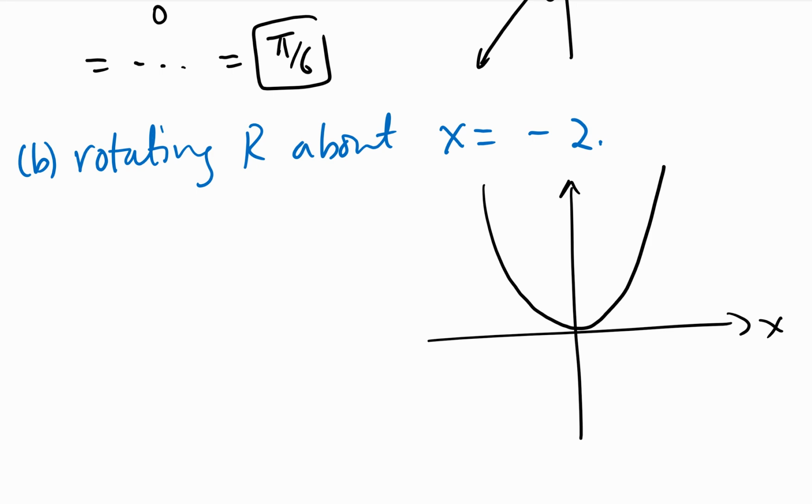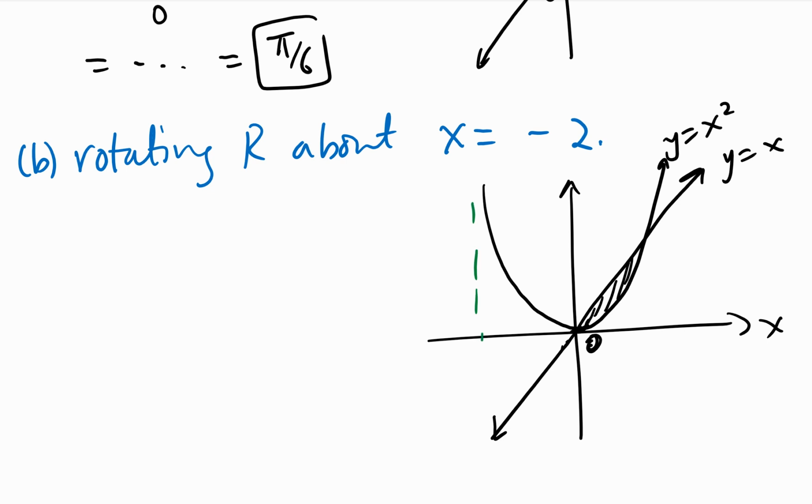This is y equals x squared, and this is y equals x. This is the region, and I'm gonna rotate around x equals -2. Say it's here, that's the vertical line, the axis of revolution.